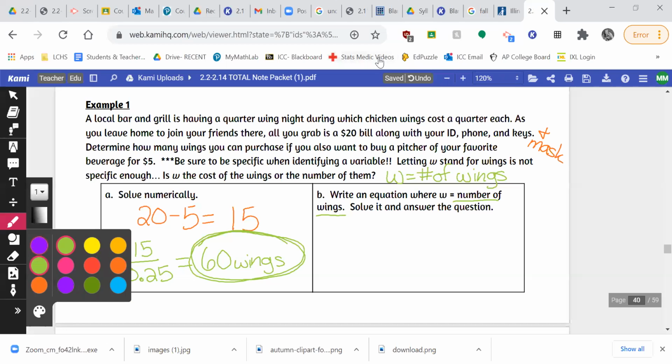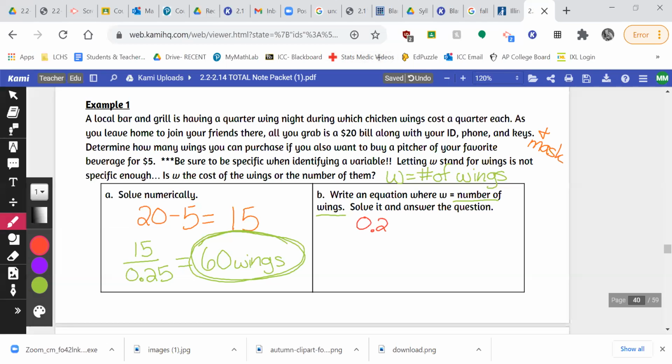So if I know that 25 cents is the cost of each wing, I'm going to have 0.25W plus the cost of the pitcher to give me the total amount that I'm going to spend, which would be $20.